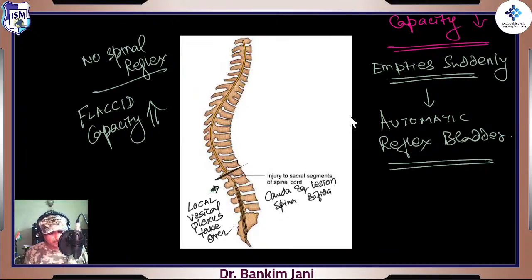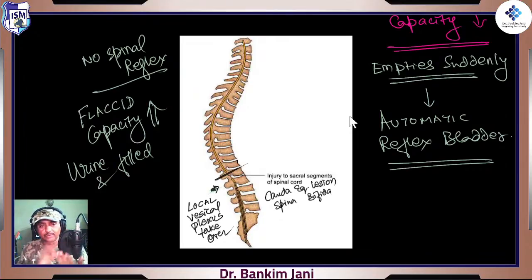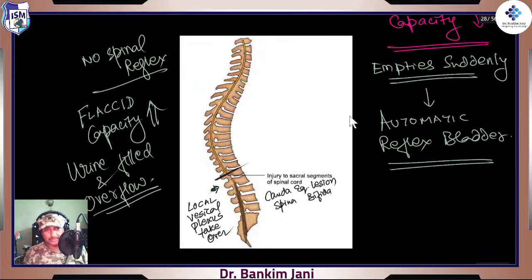And then when the bladder is full, urine keeps coming and literally it overflows. Once that overflow starts, it is continuous dribbling. You got the idea? The bladder is full now, so whatever urine is coming is simply going out, because none of the sphincters are active and the bladder just cannot contract.